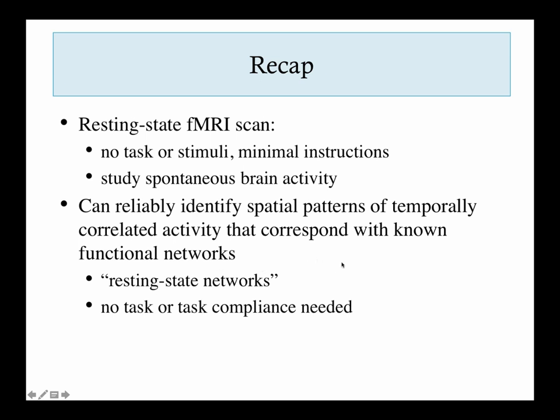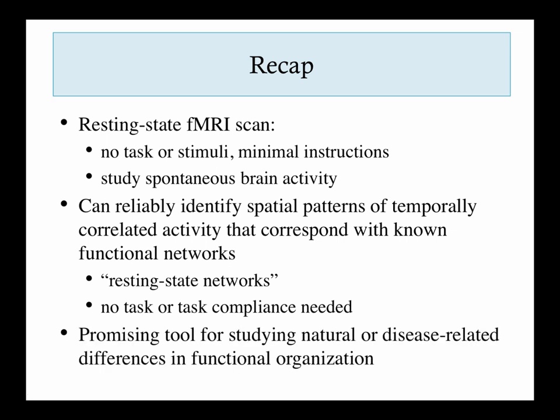Therefore, we may be able to study functional networks without the need for task compliance, and that would open up the possibility to look at a broader range of people and brain states. And since this approach may be sensitive to differences relating to either natural or disease-related processes, it's now being studied for potential neuroimaging biomarkers.